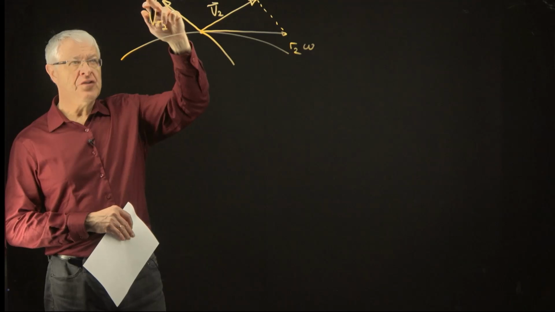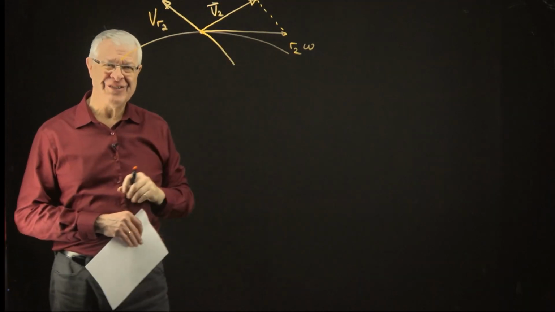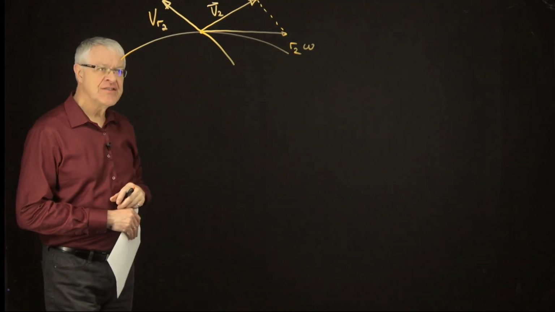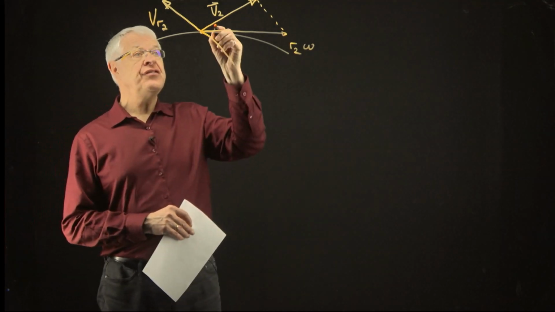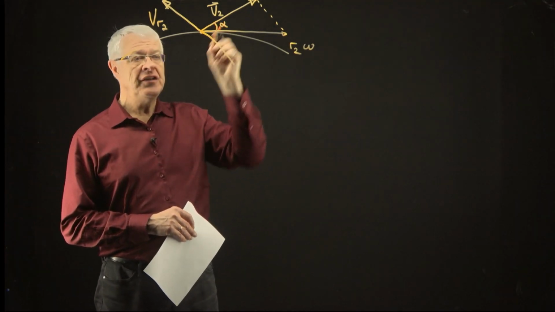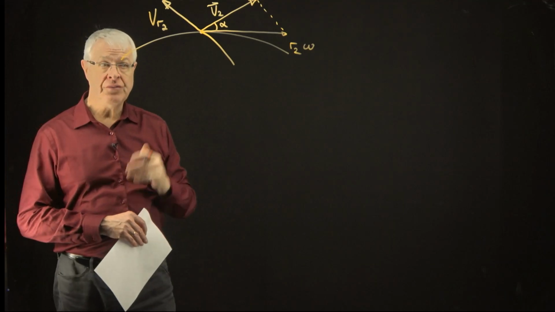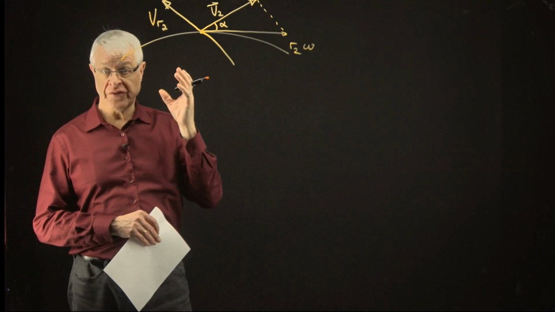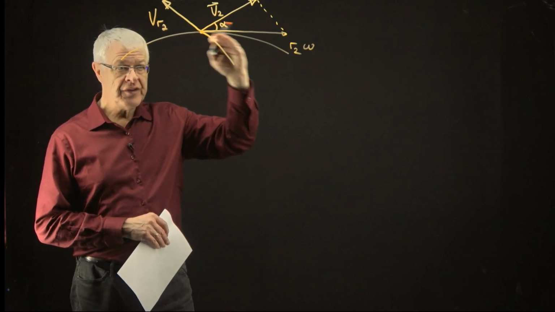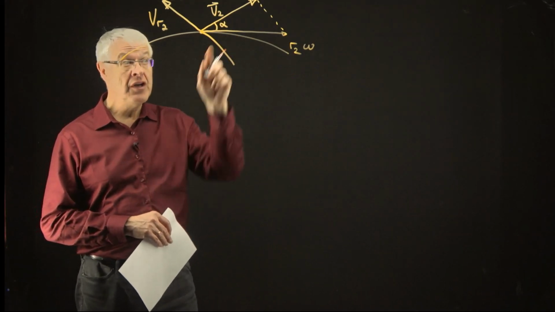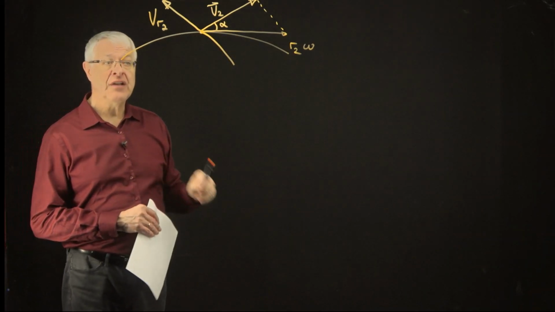It's chopped off here, sorry, but there's a dotted line right along the top here. So that's our velocity vector that we're after. And I'm going to label this angle here as alpha, because we were asked to describe that velocity both in terms of its magnitude, which we'll get here in a moment, but also the angle that it makes with the outer diameter of the impeller. So in this little sketch, that would be the angle alpha.